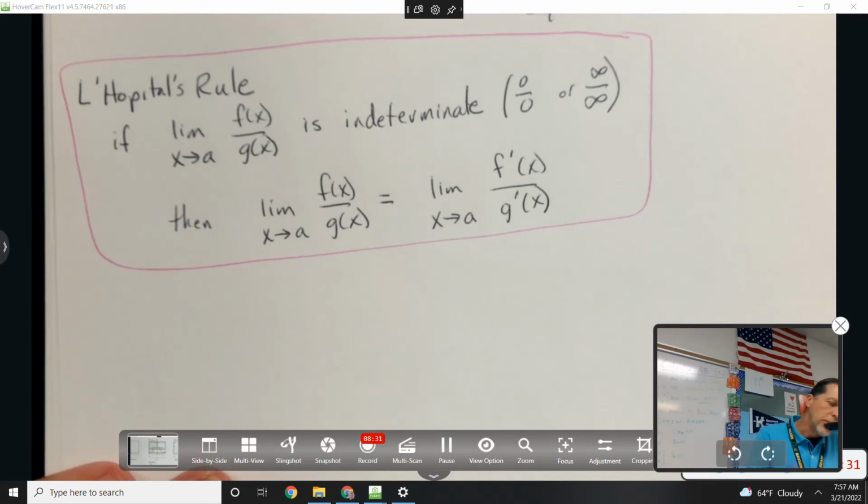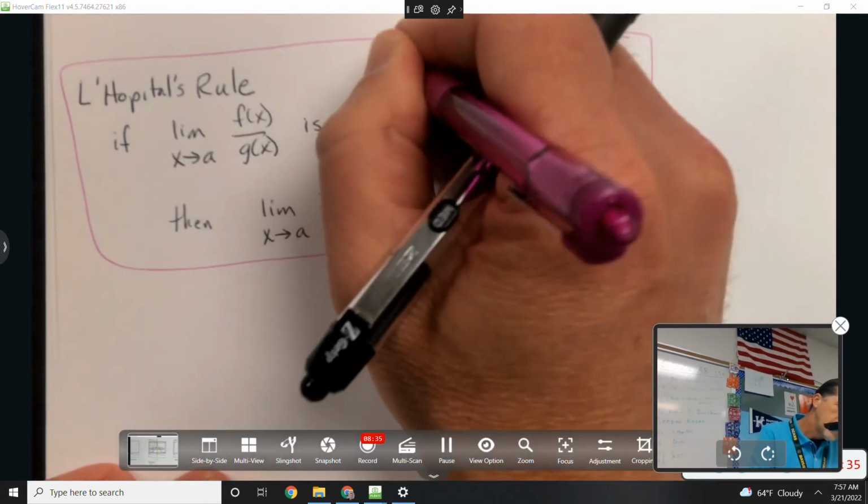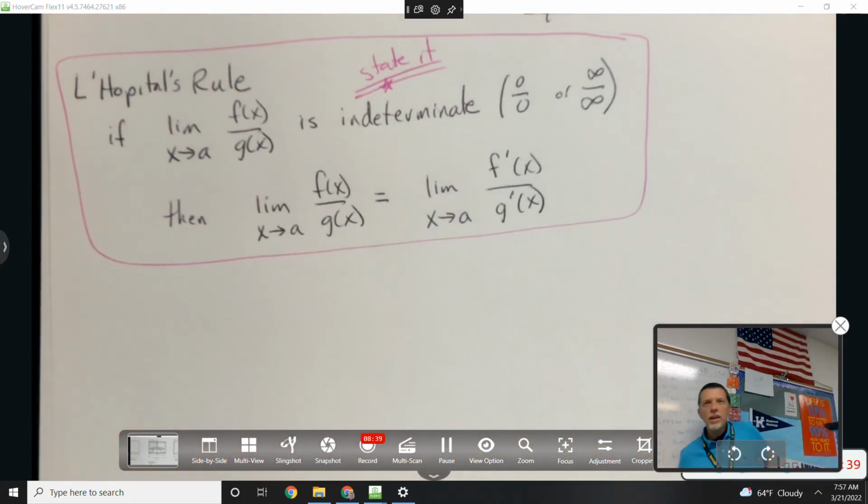On the AP test, if you want to use L'Hopital, you have to say that this original limit is indeterminate, therefore I'm going to use L'Hopital. A lot of times in here you guys are lazy, and appropriately so, when it comes to showing your work. You think, I know what's next, let me skip 14 steps and give you the answer.